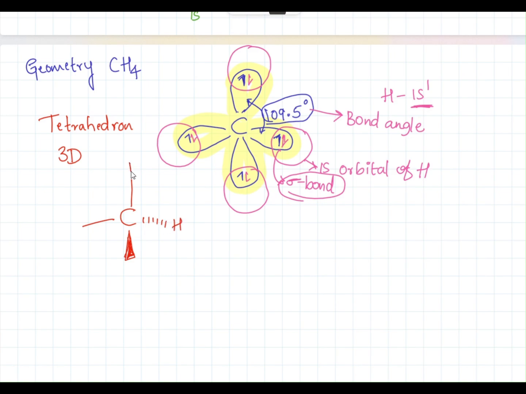The bond angle between two sigma bonds is 109.5 degrees, and the bond length is 154 picometer or 1.54 angstrom.